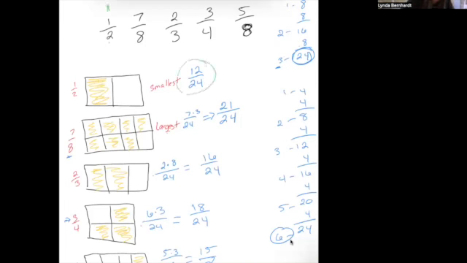So this is number 1 for smallest, and then 5/8 would be number 2, and then 16, so 2/3 would be number 3, and then 18, that would be number 4, and then this one would be number 5.